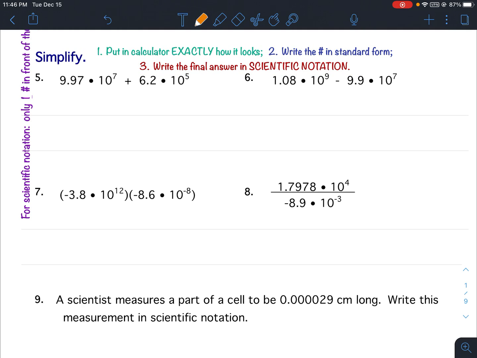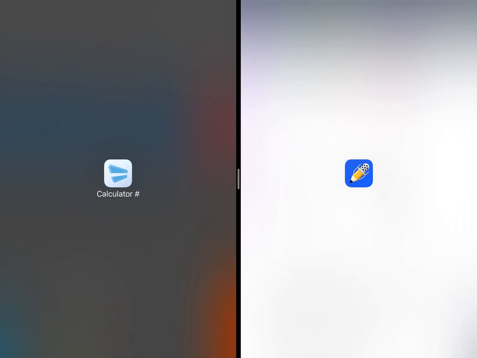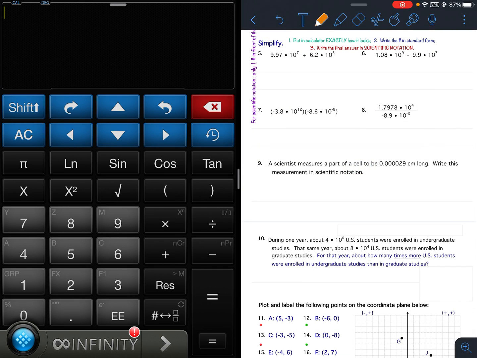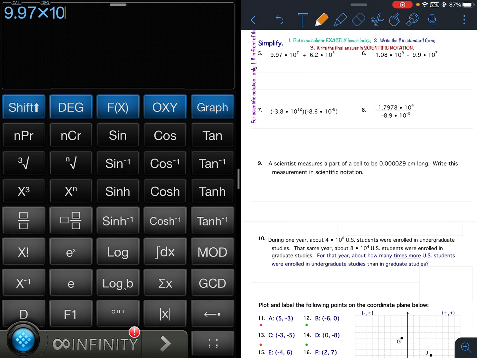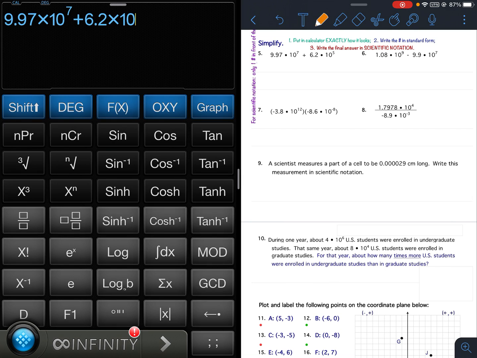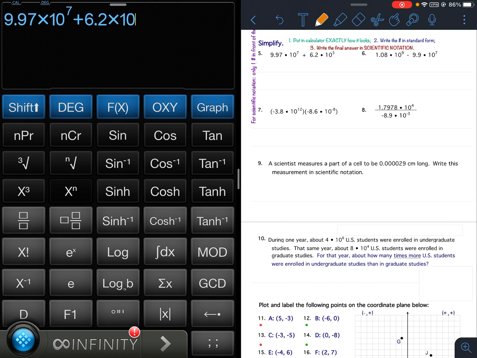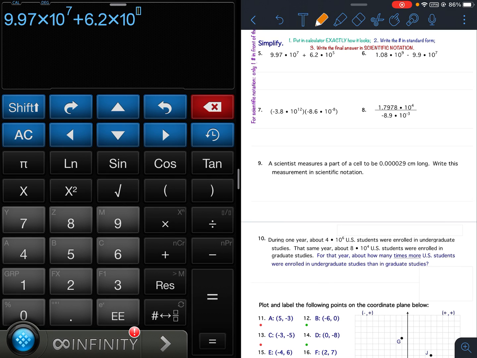Okay, so let's put these in our calculator. For number 5, it is 9.7 times 10 to the 7th, hit the over button, plus 6.2 times 10 to the 5th.